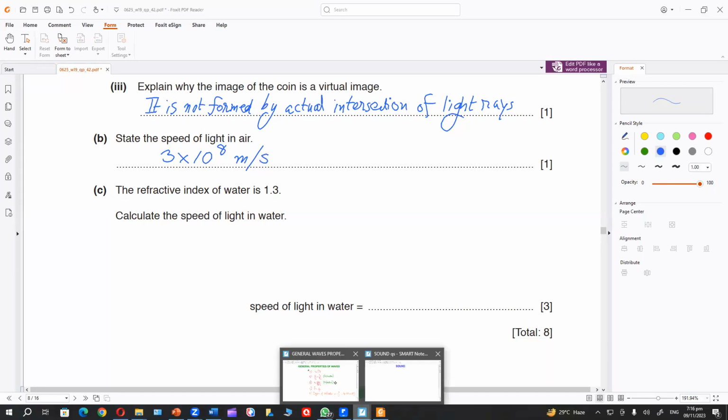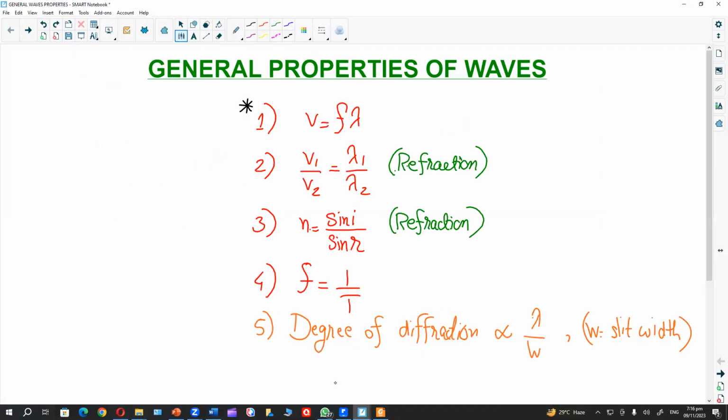So let me show you the formulas again. It would be better if you copy down the formulas and make a box. So please copy down the formula list. Okay.